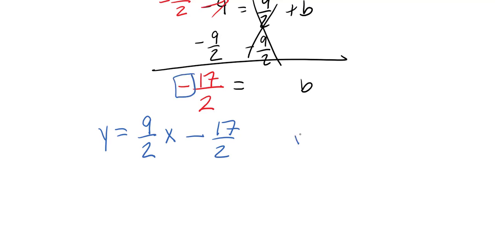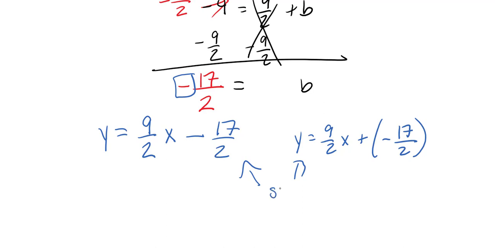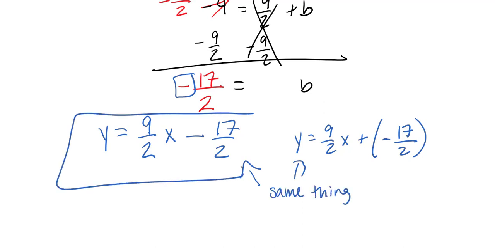The other thing you can do is y equals 9 over 2 x plus negative 17 over 2. This means the same thing. You can write either one, right? I usually just write it like this because I don't have to add the addition sign there. So it's one less thing you have to write.